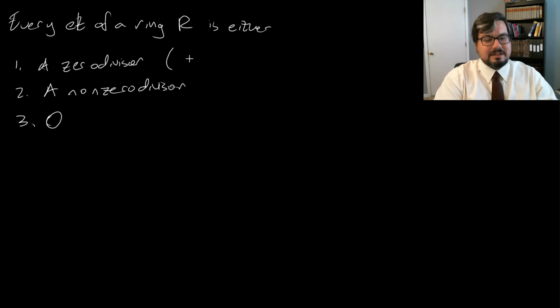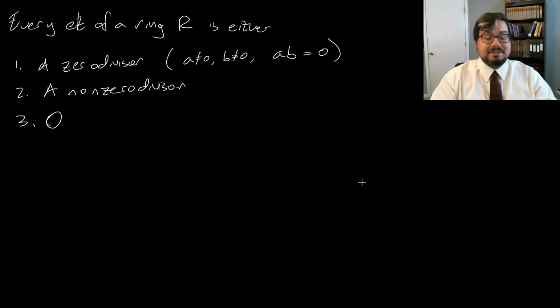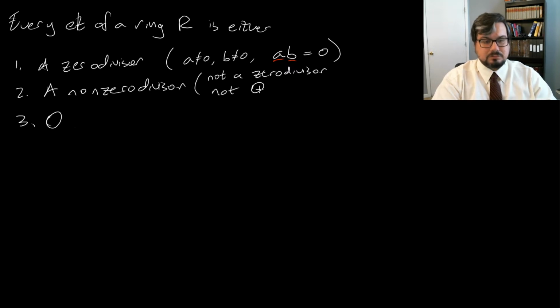So if something's a zero divisor, that means that A is not equal to 0, B is not equal to 0, but A times B is equal to 0. In this case, both A and B are zero divisors. A non-zero divisor means not a zero divisor and not 0, which means that A times B is not equal to 0 if B is not equal to 0, where A here is the non-zero divisor.